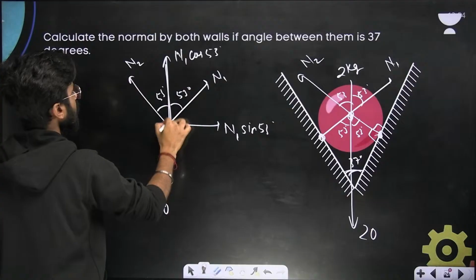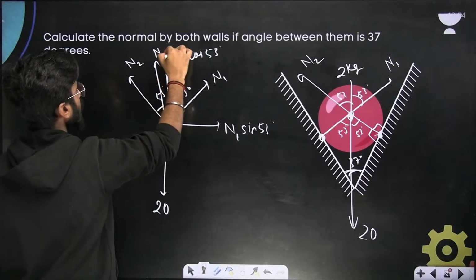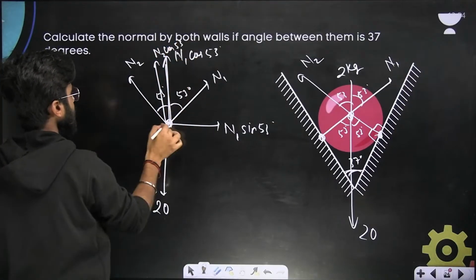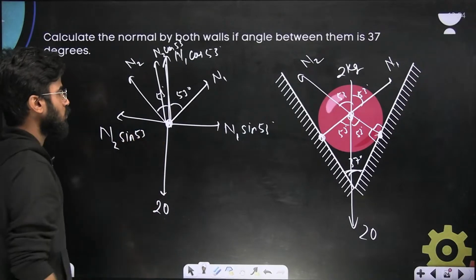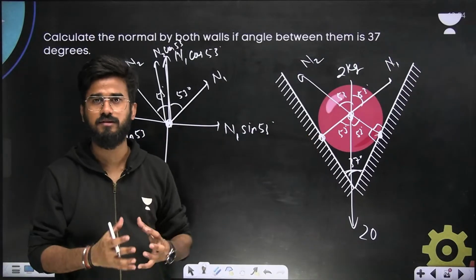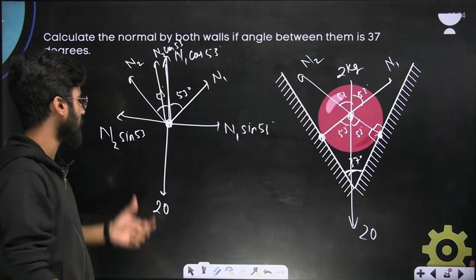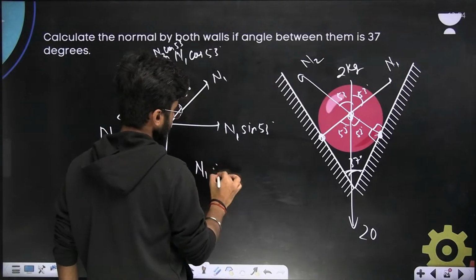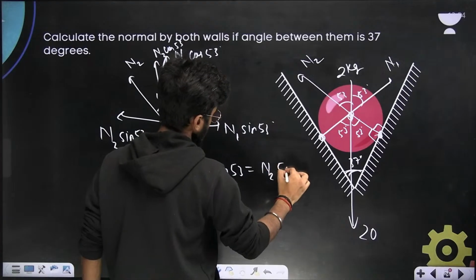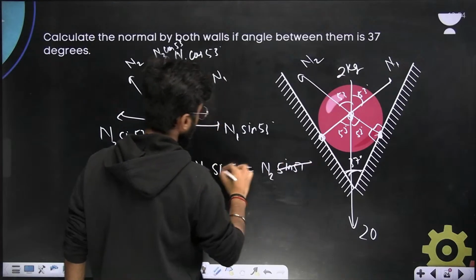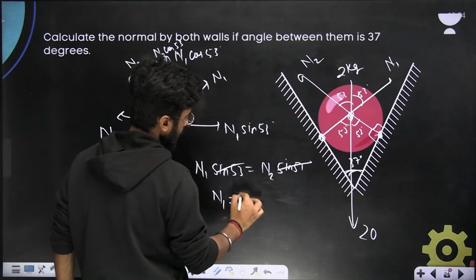Similarly for N2, this is N2 cos 53, and this is N2 sin 53. Since this ball is at rest, these forces will be equal, means N1 sin 53 equals N2 sin 53. The sin 53 gets cancelled, so N1 is equal to N2.